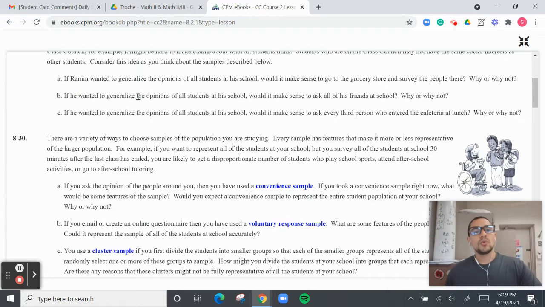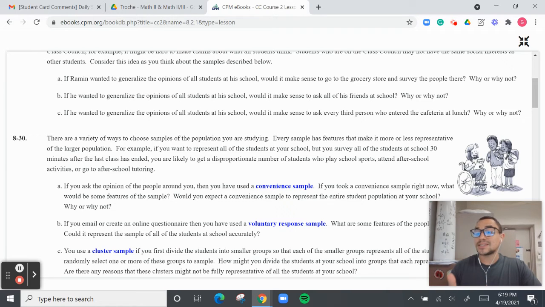For B, if he wanted to generalize the opinions of all students at his school, would it make sense to ask all of his friends at the school? It does make more sense. However, it doesn't make clear sense, because if you're asking your own personal friends, they're probably going to be biased.